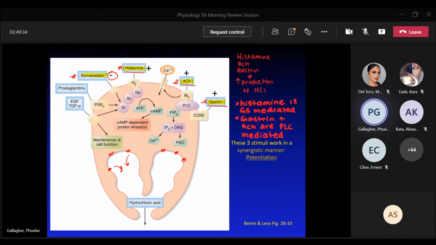So note that these 3 are going to work in a synergistic manner. So they work together to maximize hydrochloric acid secretion. So if one of these is not here, you're going to have a significant decrease in hydrochloric acid secretion as a result. I also mentioned here that your histamine is going to be G stimulatory mediated, so that's your Gs, and then gastrin and acetylcholine are going to be using PLC. Once again, that's too much biochem, so I wouldn't worry too much about it. Just know the general trend here.